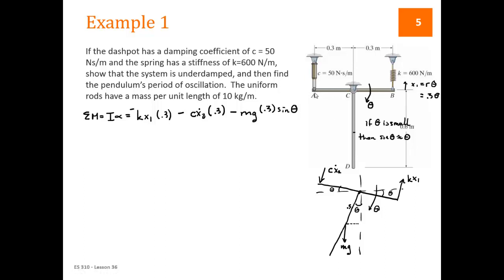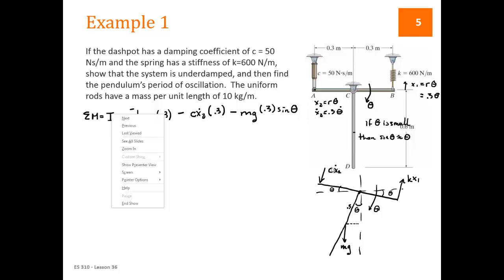Over here you do the same thing. x2 is the distance that this point A moves, and that is going to equal r theta again. R is 0.3. We don't care about x2, we care about x2 dot, so we take the derivative of this side as well. So now we can plug all of those things in.